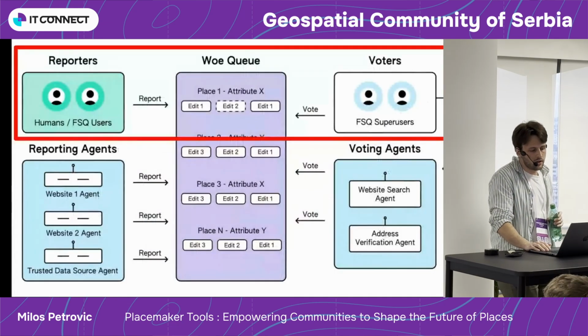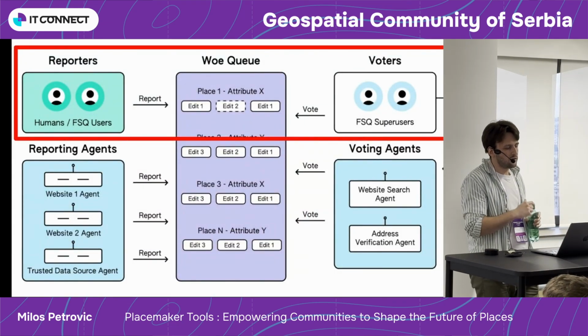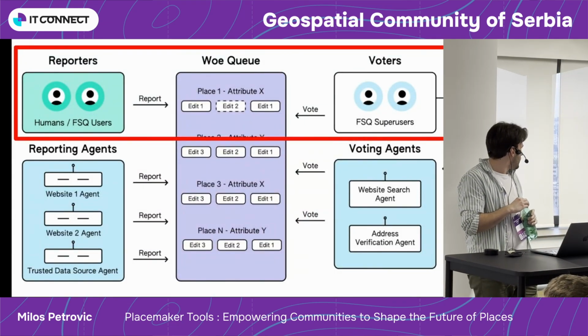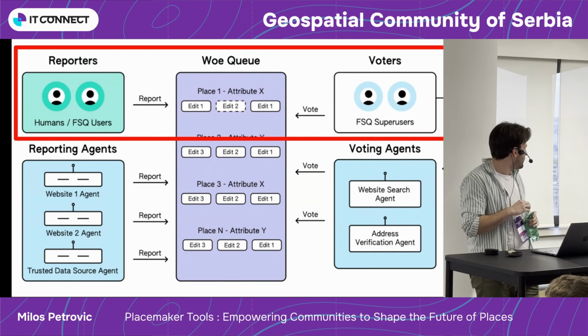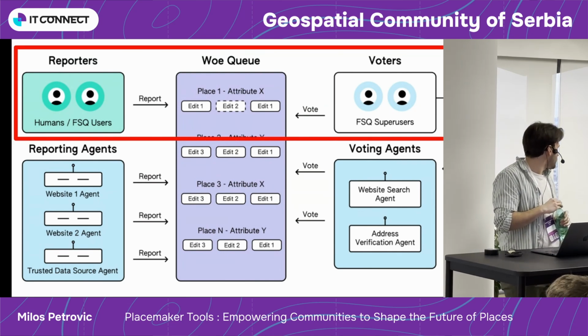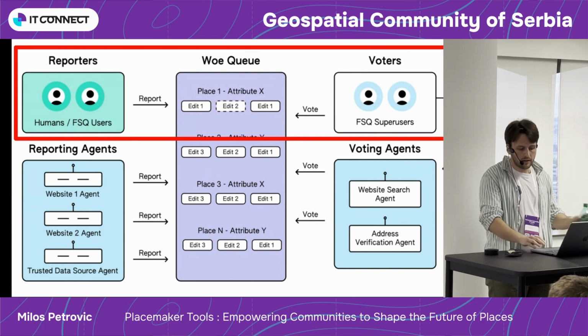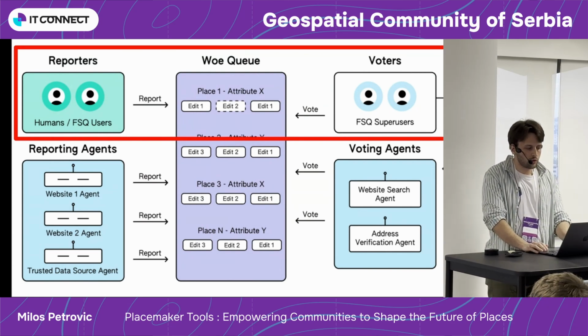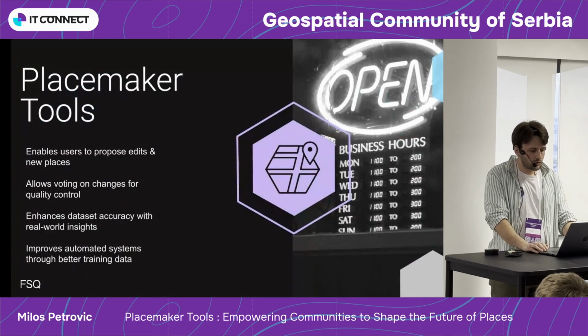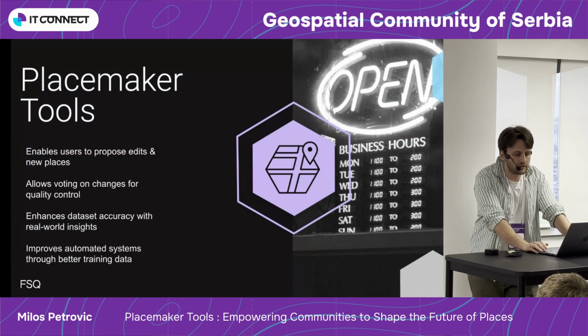What's also cool is that both human and digital agents go through this voting system. Even our own programs that report changes also need to create vows and go through the same flow as human changes. So this is how we keep our data up to date.